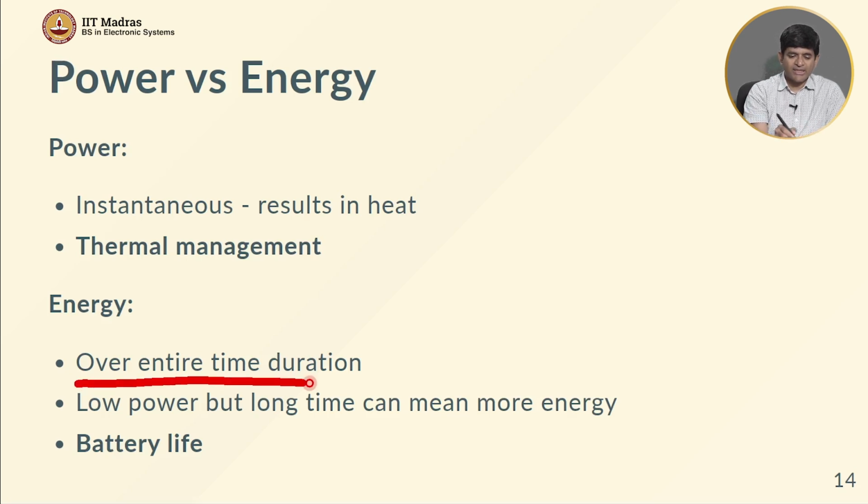So, energy, in other words, is consumed over the entire duration of the computation, and we can have low power, but if we run for a long time, it can potentially mean even more energy, because the other side effect that you can have in extreme scenarios is that your static power has not changed, right. It was only your dynamic power that came down when you reduce frequency.